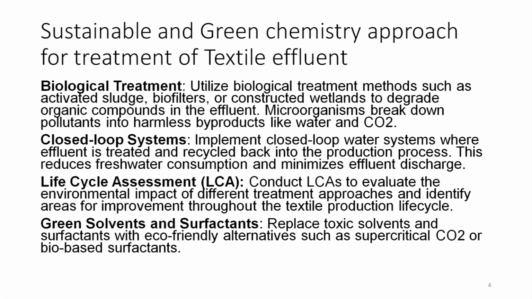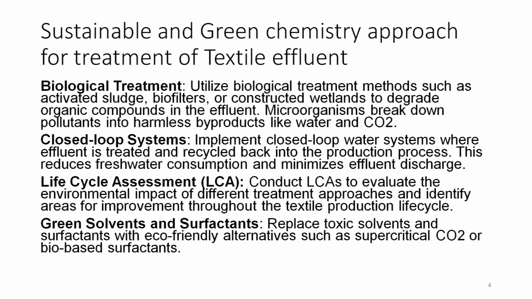Biological treatment. Utilize biological treatment methods such as activated sludge, biofilters or constructed wetlands to degrade organic compounds in the effluent. Microorganisms break down pollutants into harmless byproducts like water and carbon dioxide. Closed loop systems.